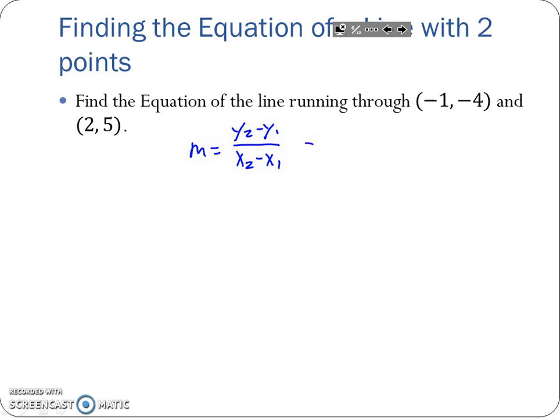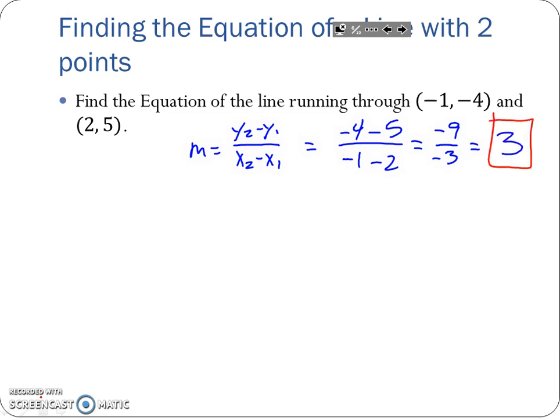So I'm going to go ahead and do that, and I'll take negative 4 minus 5 over negative 1 minus 2. It's going to give me a negative 9 over a negative 3, which gives me a positive 3 for my slope.